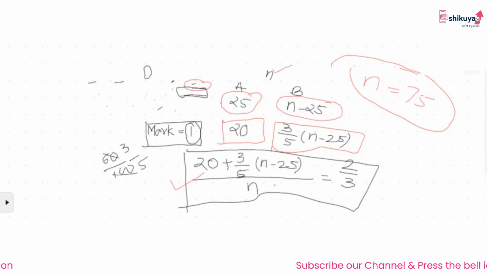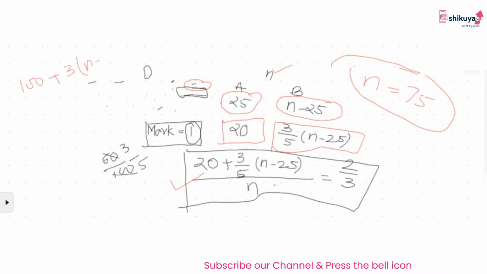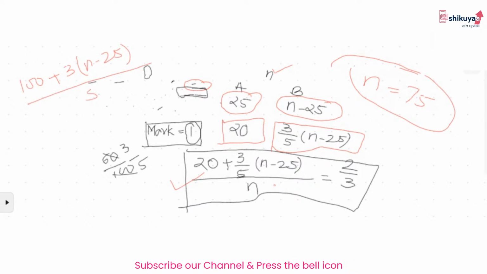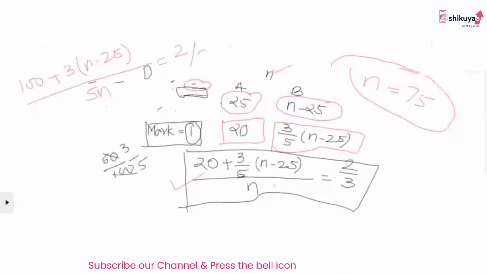So once you solve this, 100 plus 3 into bracket n minus 25, upon 5n, is equal to 2 by 3, right?